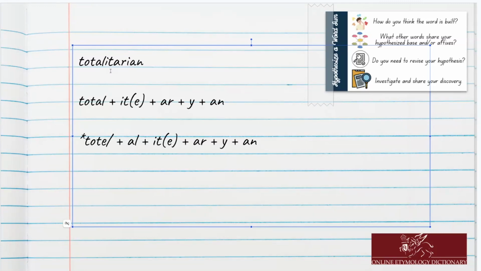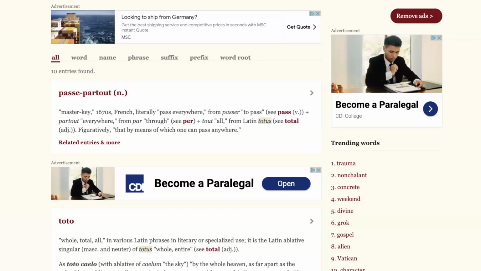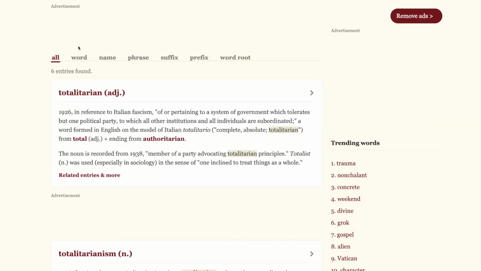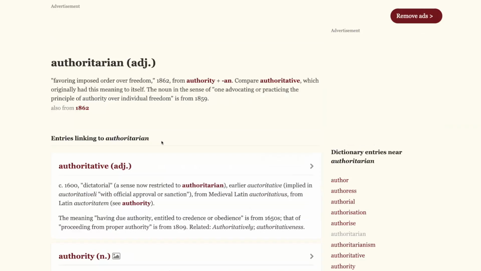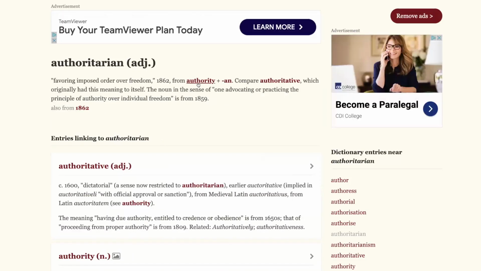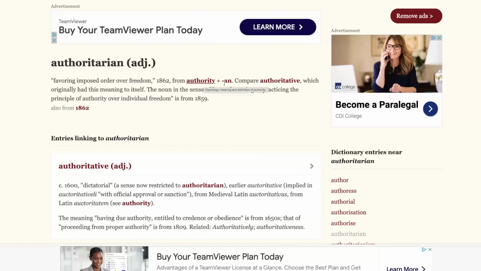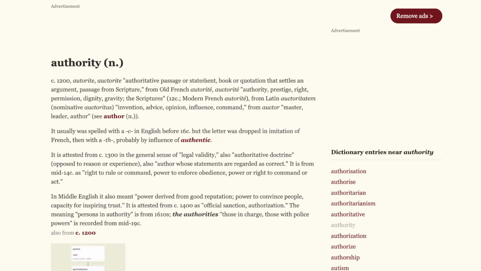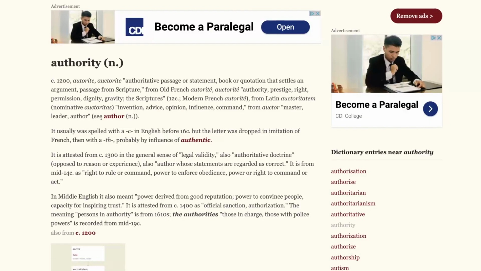Now, I've got this very long-winded piece on the other side here. I'm going to go back to totalitarian. I'm going to look up authoritarian. You'll notice here that it's authority plus an AN, so if I click on authority, I can see how this might have broken down further. Here I've got author.